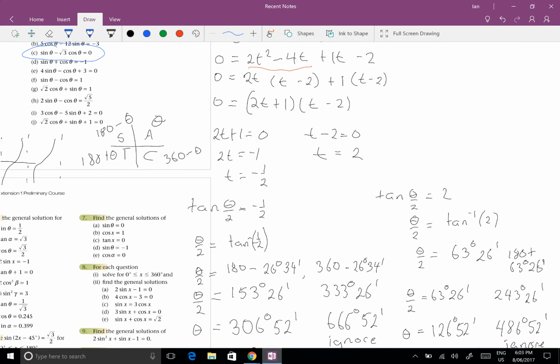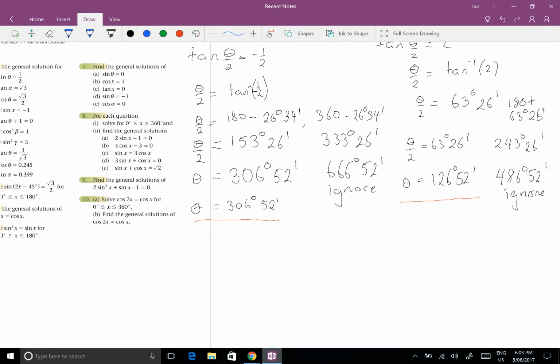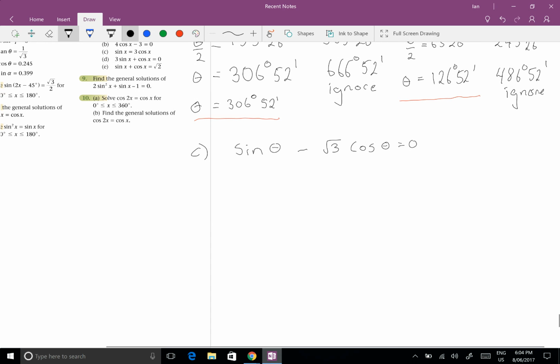Sine theta minus root 3 cos theta. So here's C, sine theta minus root 3 cos theta equals 0. Well, I'm going to start off by saying let t equal theta on 2.